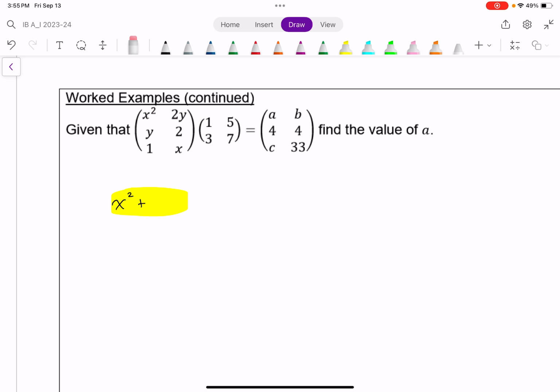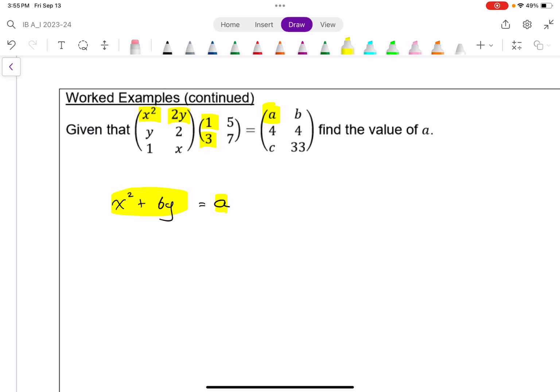X squared times 1 is x squared. Then 2y times 3. I just highlighted the wrong one. 2y times 3 is 6y. And these are added to each other. This times this plus this times this must equal A. Well, I feel like I did a pretty bad job there.